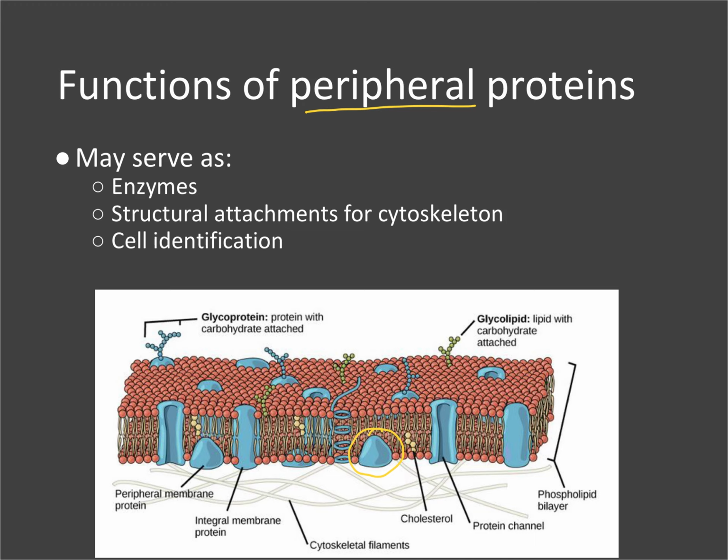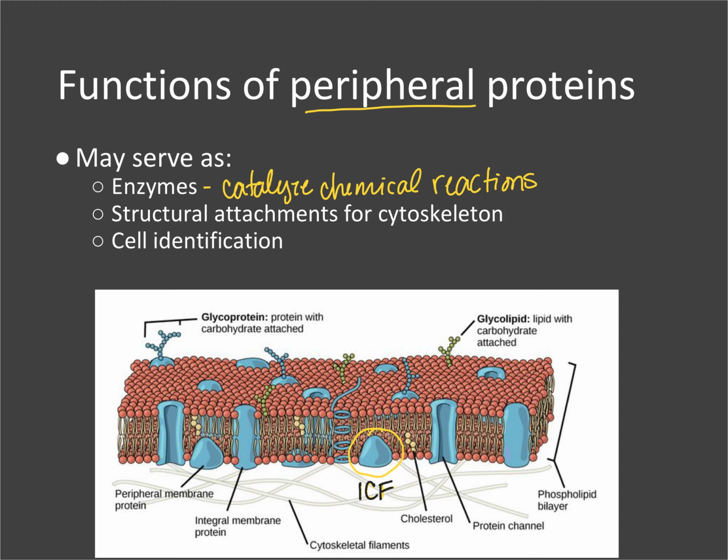So it's really only touching the intracellular fluid here and not the extracellular fluid. Now these peripheral proteins can serve a couple of different functions. One is that they can be enzymes. Remember that enzymes are substances that catalyze chemical reactions. That just means that these are things that can speed up chemical reactions.